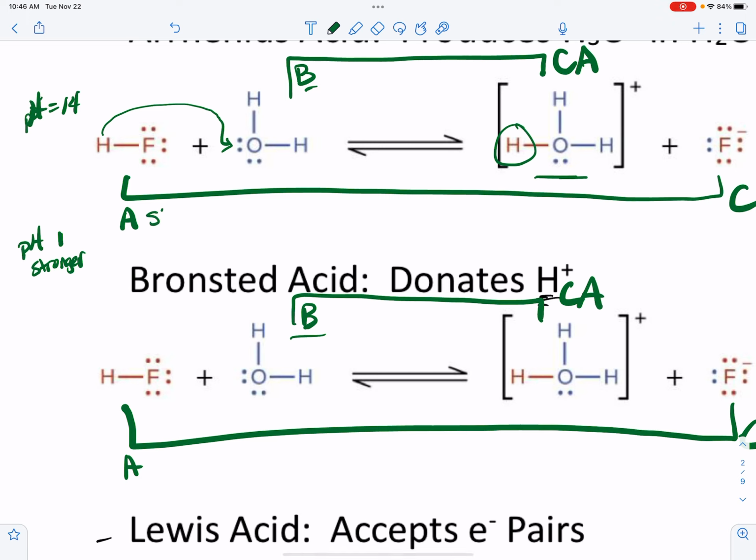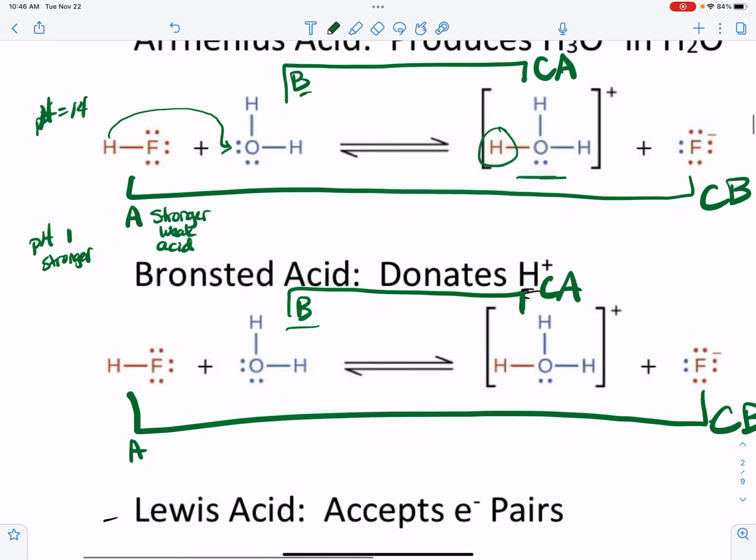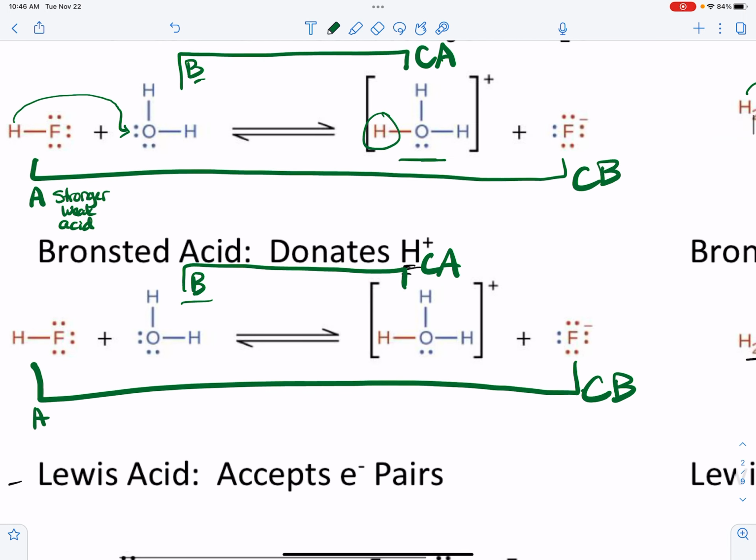So I like to use the phrase that it's a stronger acid, or if you like to say, a stronger weak acid. And what we're saying is that if we know that one side is stronger, then its match is going to need to be the weaker. And this is a base, so this is a weak base. It just means that this side is going to act as an acid more readily than this side wants to act as a base.